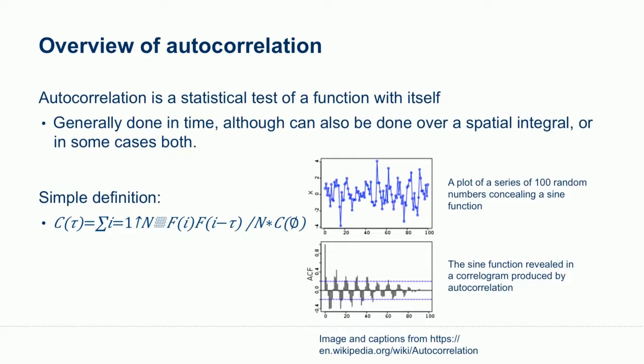Here's the fancy mathematical formulation of this, and here's an example where a sinusoid function is hidden by a bunch of noise. After autocorrelation, you can actually pick out the sine function. So it's a simple analysis used in signal processing.